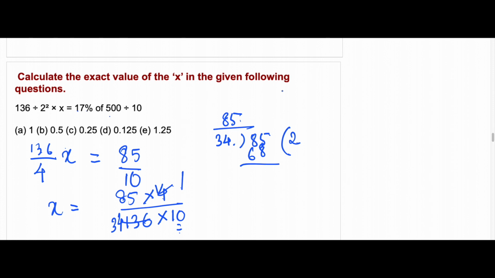Okay. 17 0. Right? Then 5, 170. So 2.5. So 2.5 divided by 10 is 0.25. So 0.25 is your answer, option C.